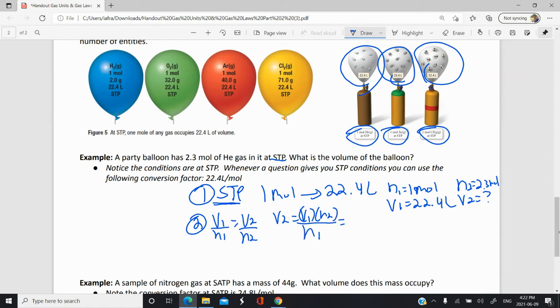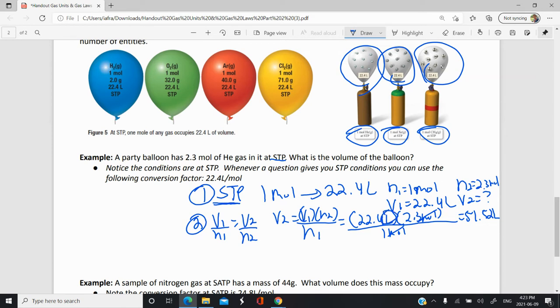That gives us 22.4 liters times 2.3 moles over the N1, which was 1 mole. Cross moles out, and we get 22.4 times 2.3, approximately 51.52 liters, because we're left with liters in the end.